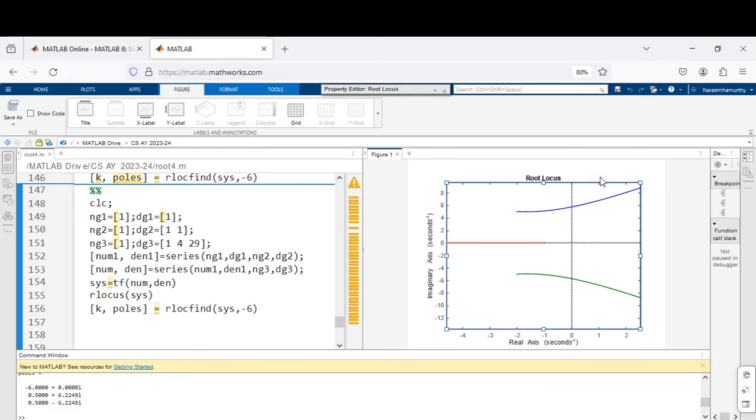Let me zoom in. Let us try to find out, I can get the data point. So this is the data point we are looking at. Can you see, it is 130.